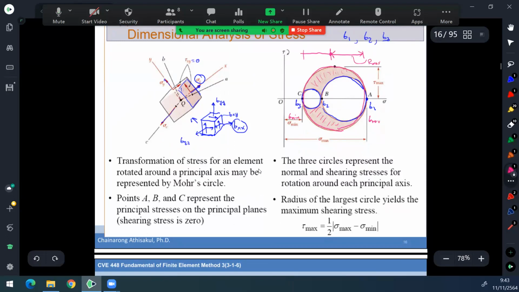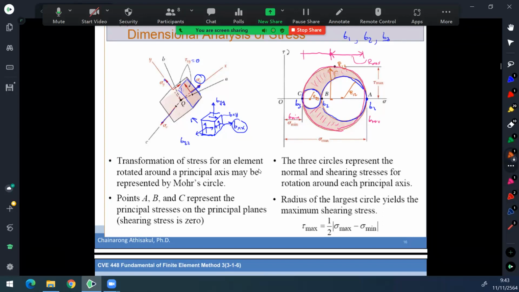You will see that for each circle, this is for the 1, 2 plane, these are for the 2-3 plane, and actually this is for the 1-3 plane.